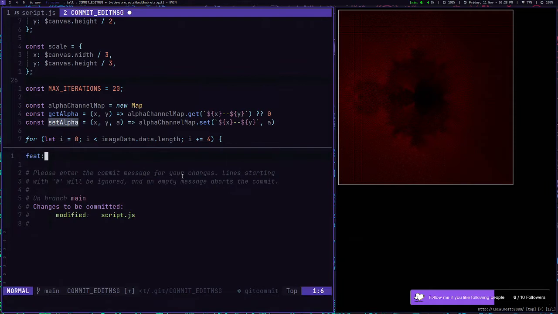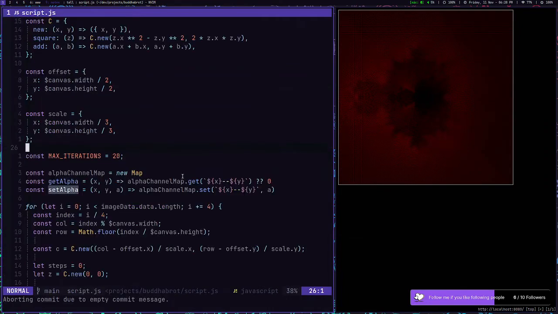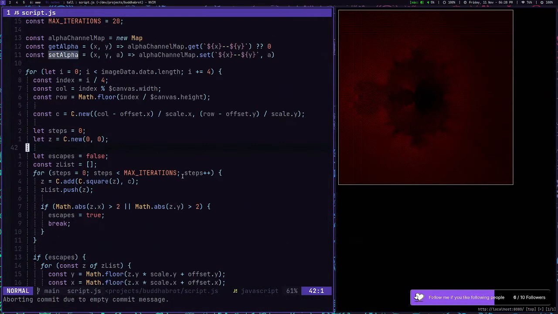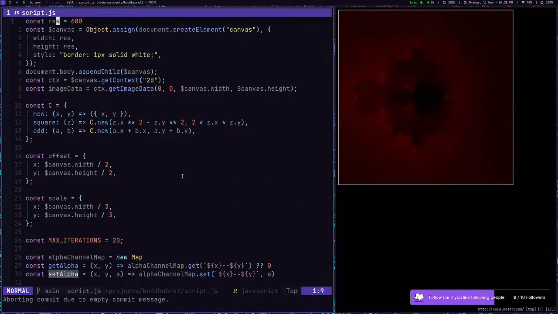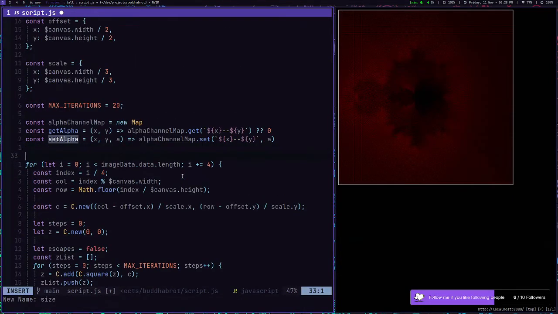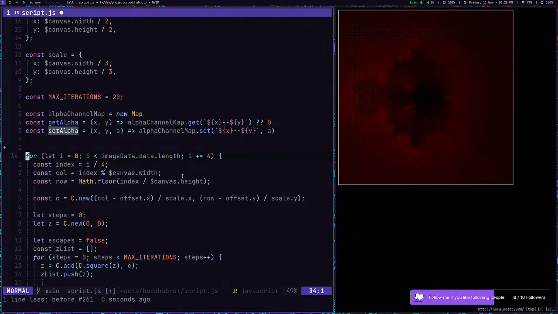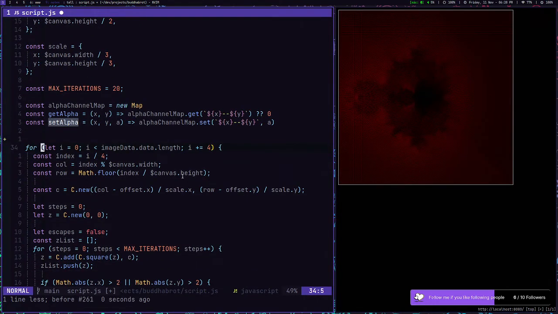Let's commit this, or no, should we? No, let's not commit this. Let's do it the other way. Okay, so let's change this to size and use that for iterations. So we're basically doing the same thing. I don't see a problem here. So let's do this size plus equals 1, because we are not using the image data anymore.